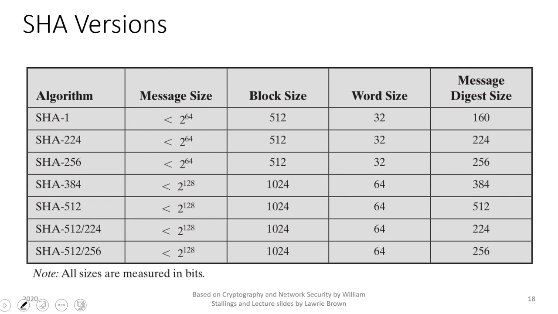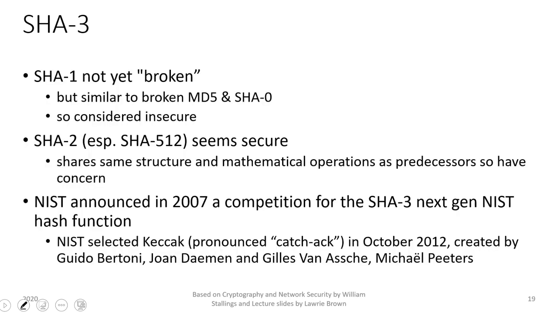So depending on the message size, we may use these different hashes. Say we could use SHA-1, SHA-256, or a combination of these things, or a different set of these things, depending on what we need to do or what we want to achieve.